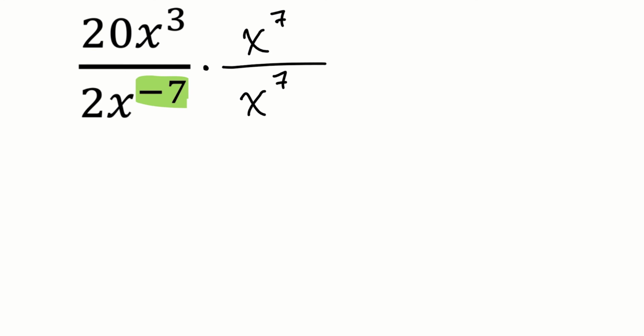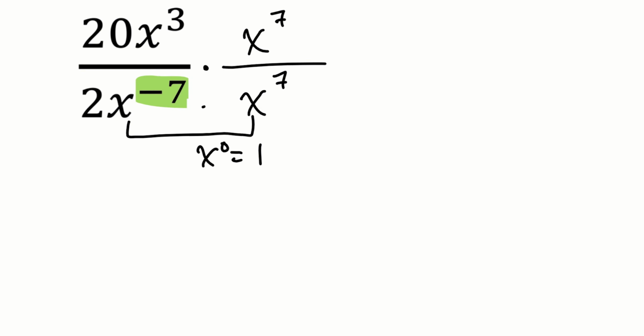And I understand that via multiplication, x to the negative 7th times x to the 7th is x to the 0 power. And x to the 0 power, which is what this product is equal to, is 1. So that's why I picked x to the 7th.